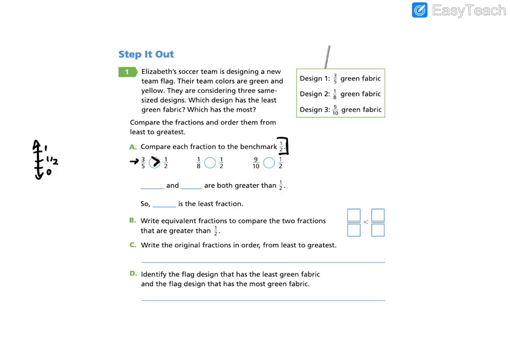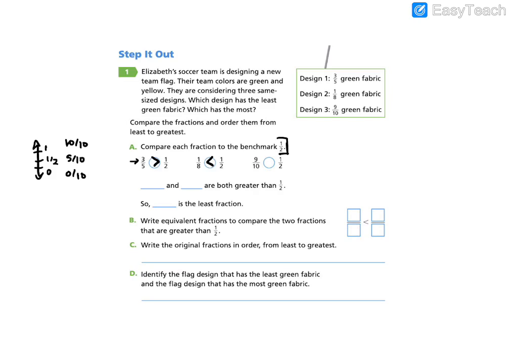Okay, and let's take a look at 8ths. So we have 1/8. Here would be 8/8. 0/8. Our halfway point for 8ths would be 4/8. Is that greater than or less than the halfway? Less than. And with 9/10, we have 10/10, 0/10.